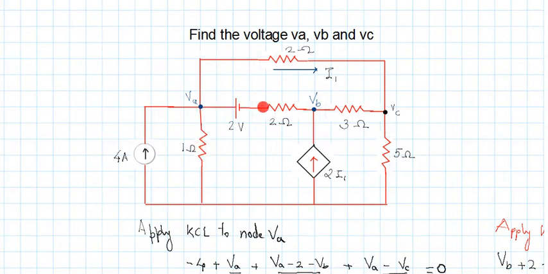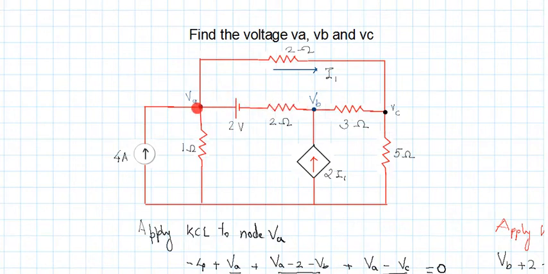Third would be this branch. Let us consider this branch. So what is the potential difference here? VA minus VB, but that's not the only thing. There is one independent source also, right? So what will be the total potential difference then?